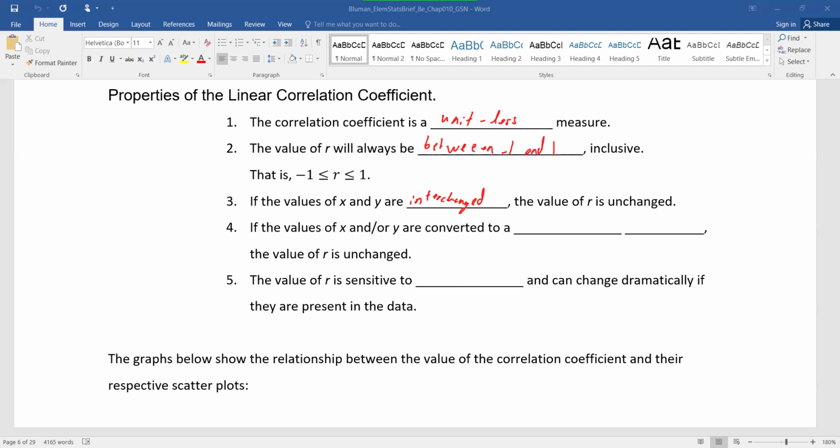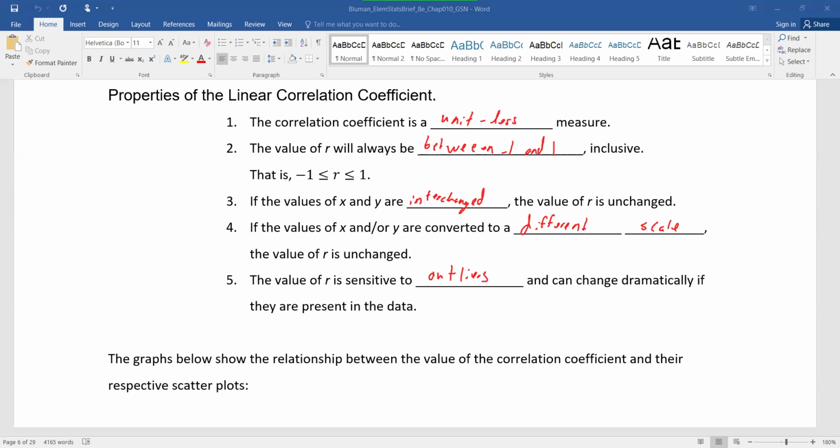If the values of X and or Y are converted to a different scale, the value of R again is unchanged. The value of R is sensitive to outliers though, and can change dramatically if they are present in the data.